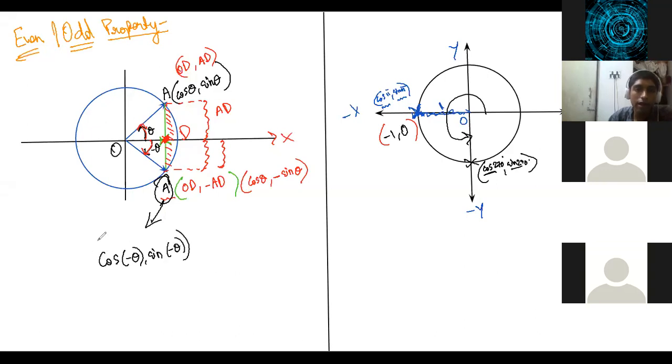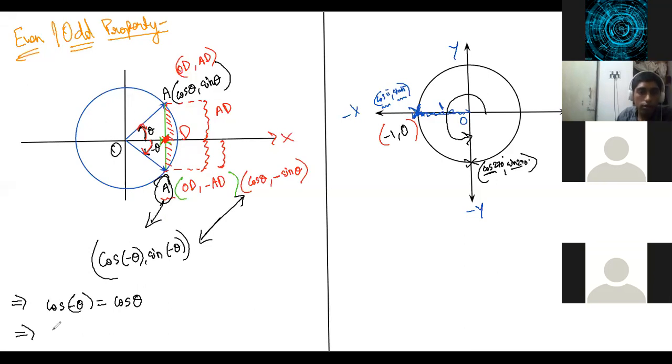Remember, for any angle it is true. So these two should be equal. So what can you say from here? From here we can tell that cos of minus theta is equal to cos theta.